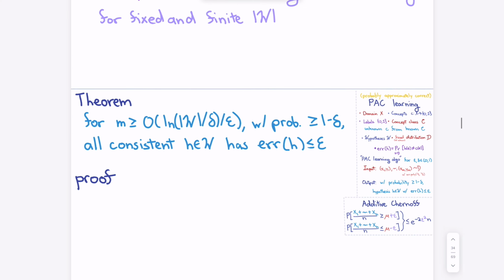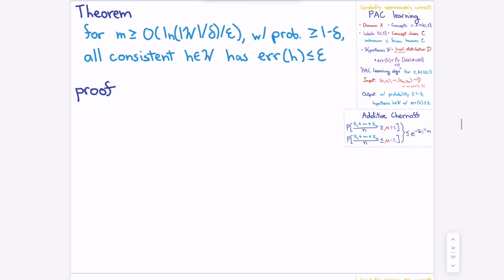Now, who wants to try to prove it? This says that if I take at least that much data, then anything consistent with that data should have small true error. So why?